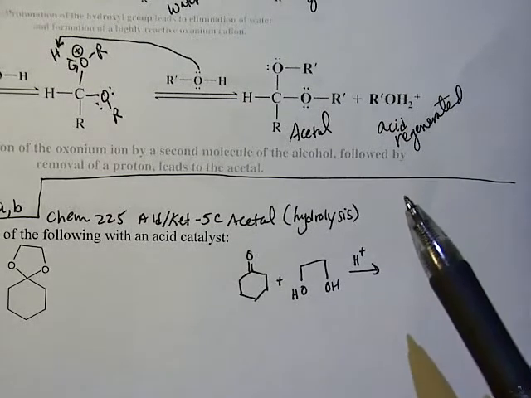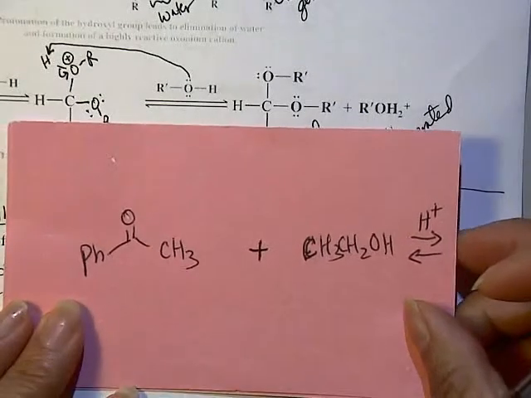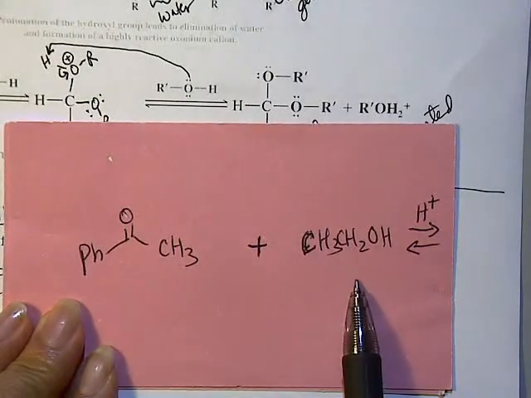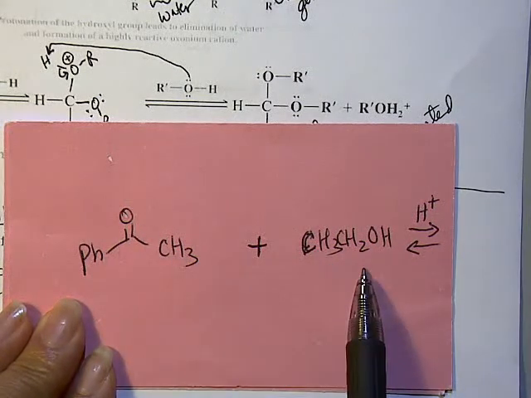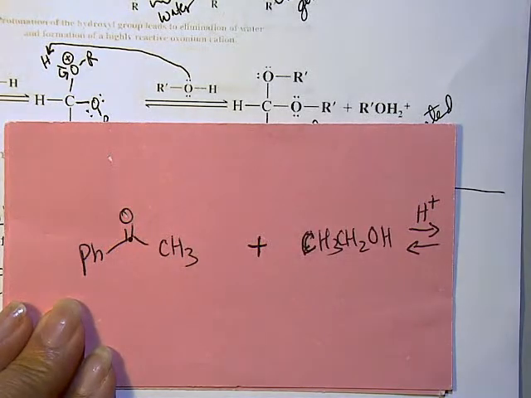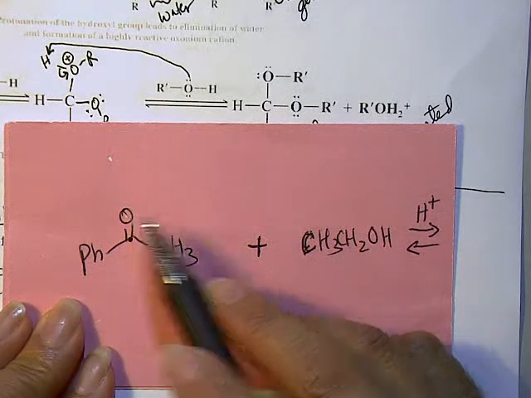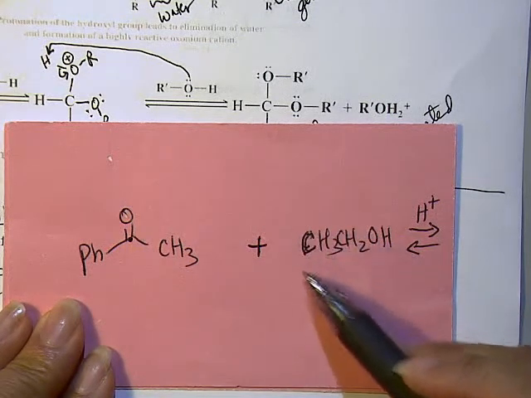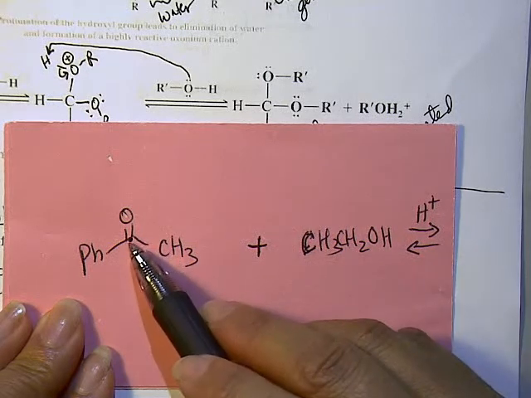And if you look at the other reactions that you are able to do, this problem is really not that different, all right? So let's take a look at the one that I made for the 3x5 card. So here's the carbonyl and here's the alcohol, right? So this carbon of the carbonyl, this oxygen leaves eventually as water, and in its place you have 2 moles of alcohol in its place.